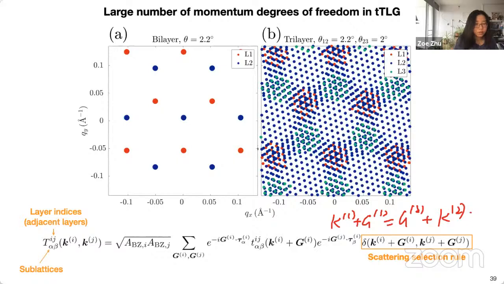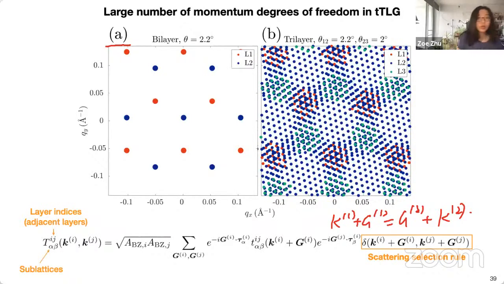This is to say that if the layer 1 and layer 2 momenta differ by a moiré reciprocal lattice vector, the scattering is allowed. This relationship gives rise to a very clear momentum space lattice on the moiré scale, as in figure A. So we have basically a momentum space crystal, and it's periodic.